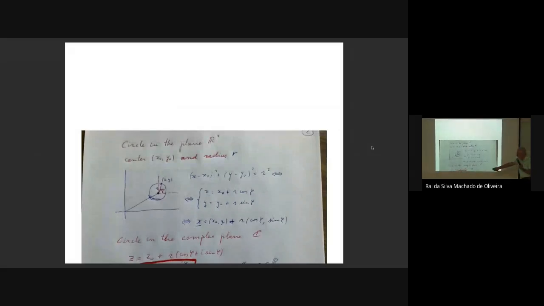Here was the expression of the circle. That would be the same as here, but instead of having this, we put e to the i phi. So this will be the expression of a circle in the complex field.